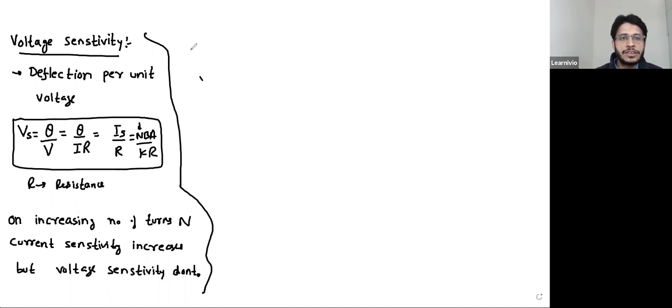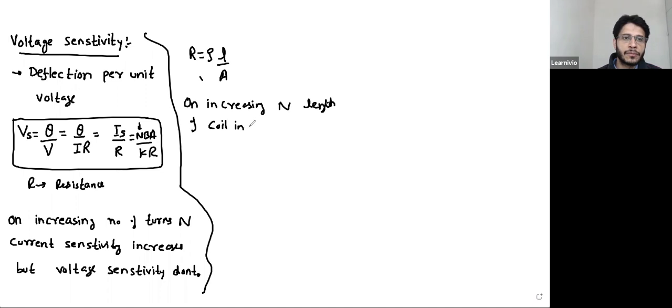If I increase the number of turns, if you remember, resistance is rho L by A. On increasing the number of turns, the length of the coil increases. Hence, resistance increases.